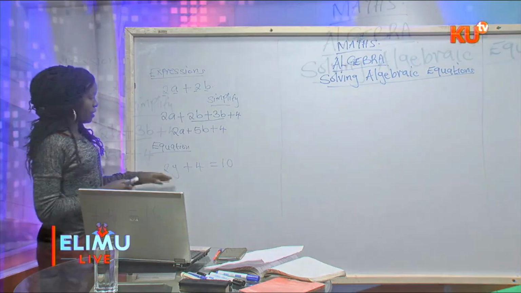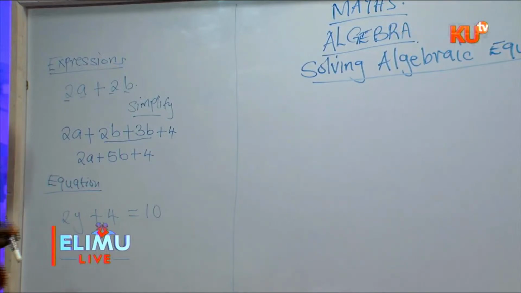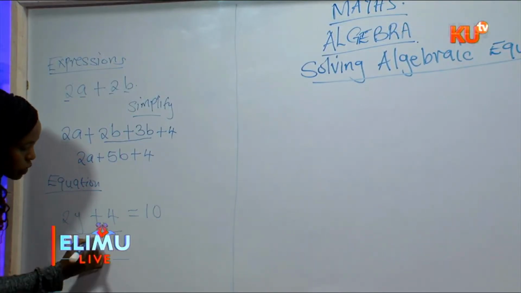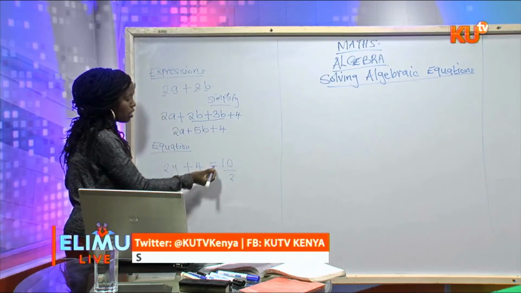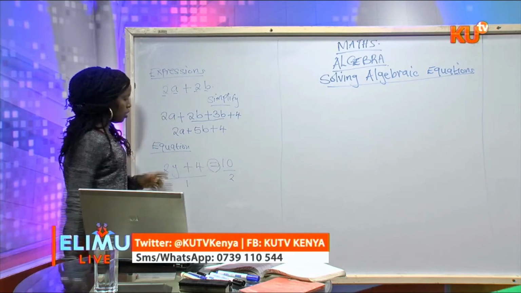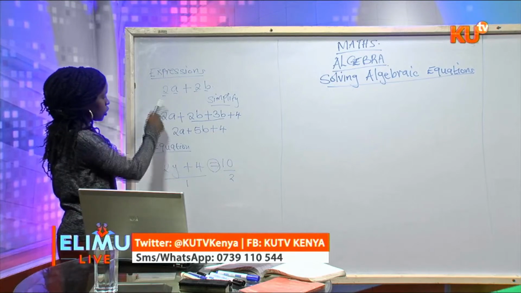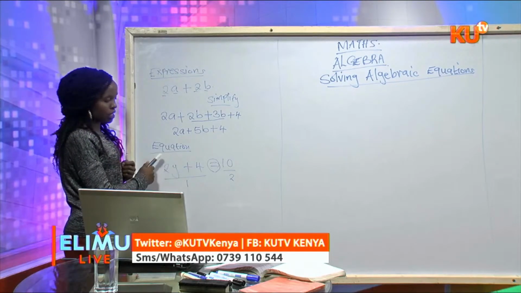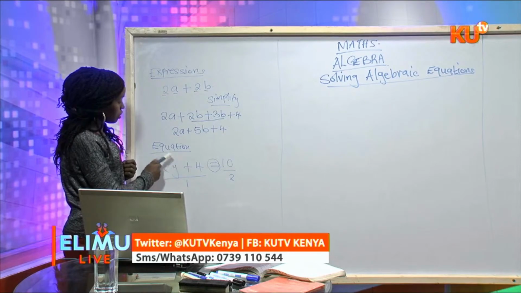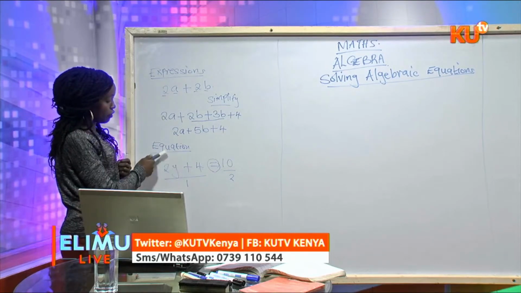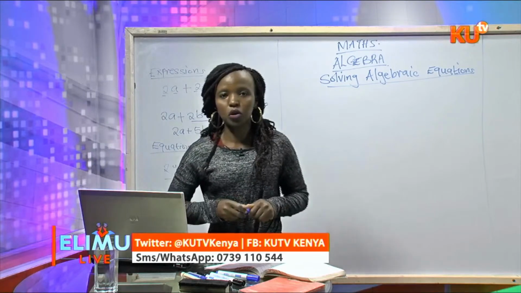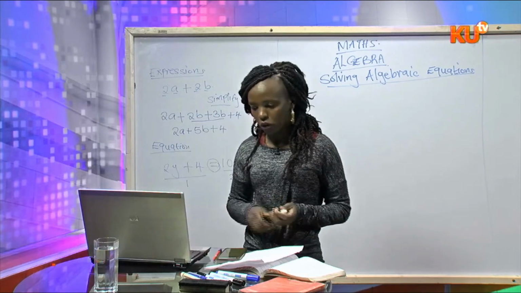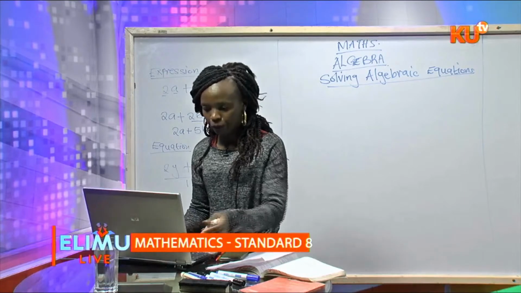These are two mathematical expressions that are equal. This is expression number 1 and this is expression number 2, and they are equal. That's why we have the equal sign. So the difference is, algebraic expressions we can't solve, and equations we are able to solve. Algebraic equations are solved and expressions are not solved.